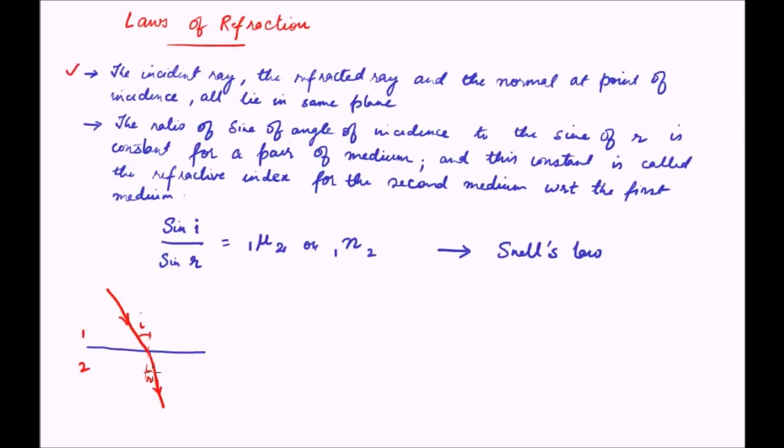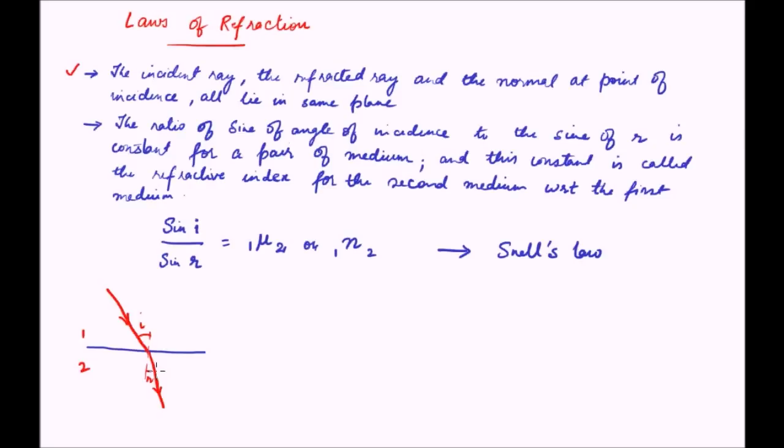Since this is a constant for the pair, depending on what the sine of angle of incidence is, we can find exactly what the sine of angle of refraction will be. Hence we can exactly pinpoint what the angle of refraction will be.